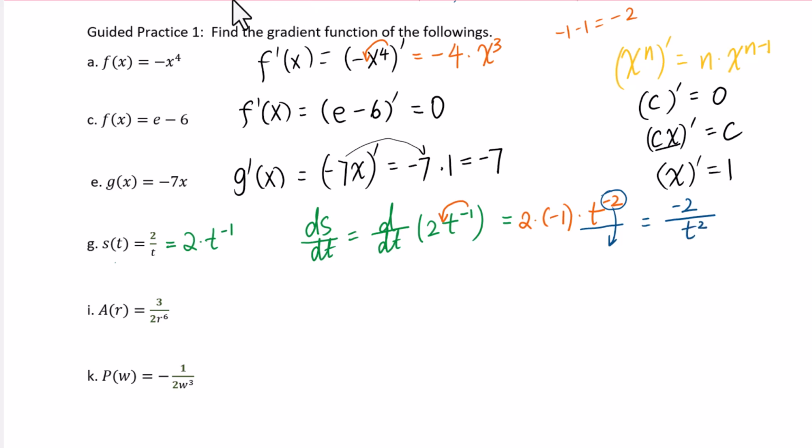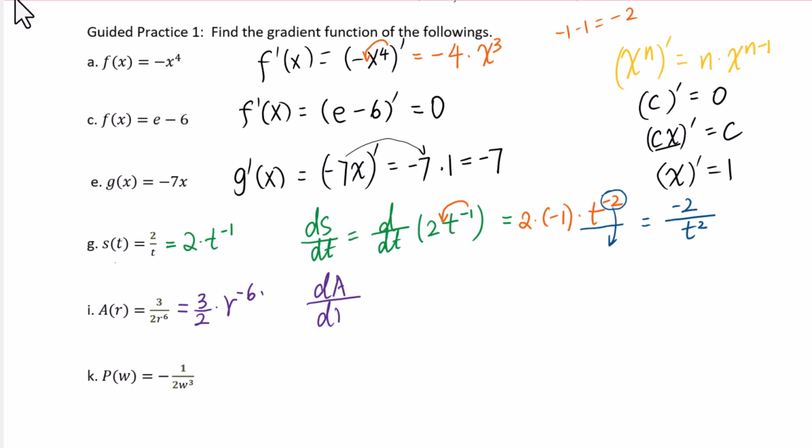Let's go to I. First step, we need to change this into single power. Coefficient is 3 over 2 times r to the negative 6 power.